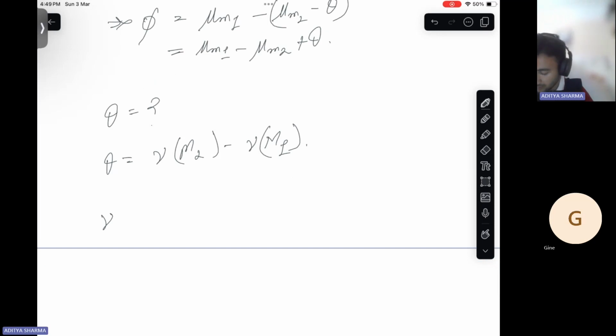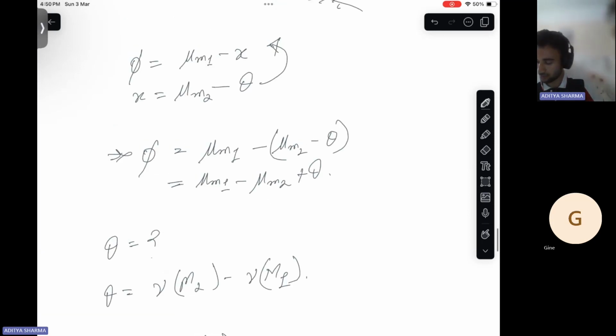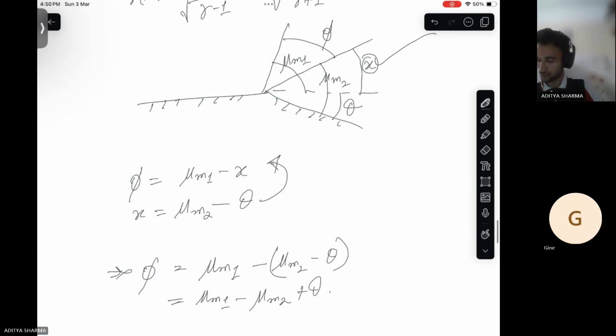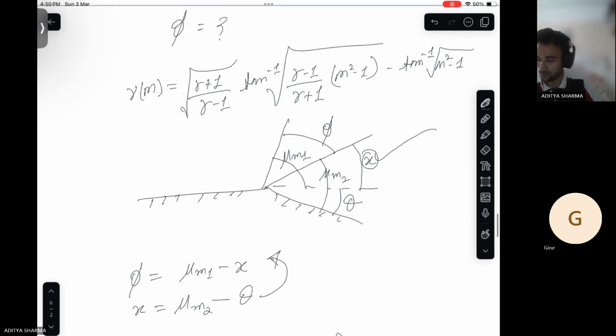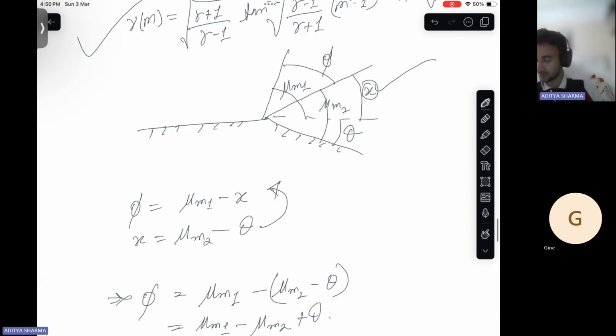So if you calculate nu m1, which is nu 2, you get 26.3797, because I have calculated it, I'm just writing it as it is. But you can use this formula to get to this value.